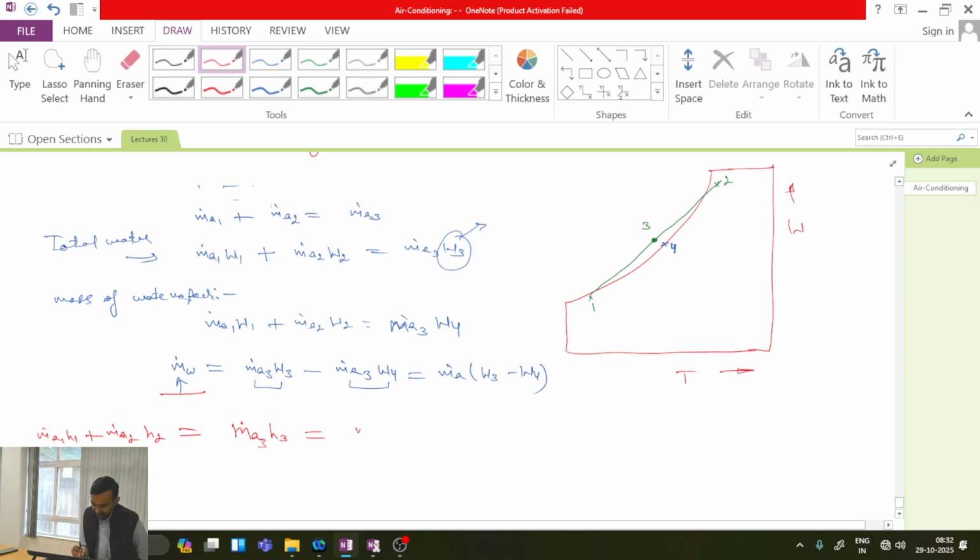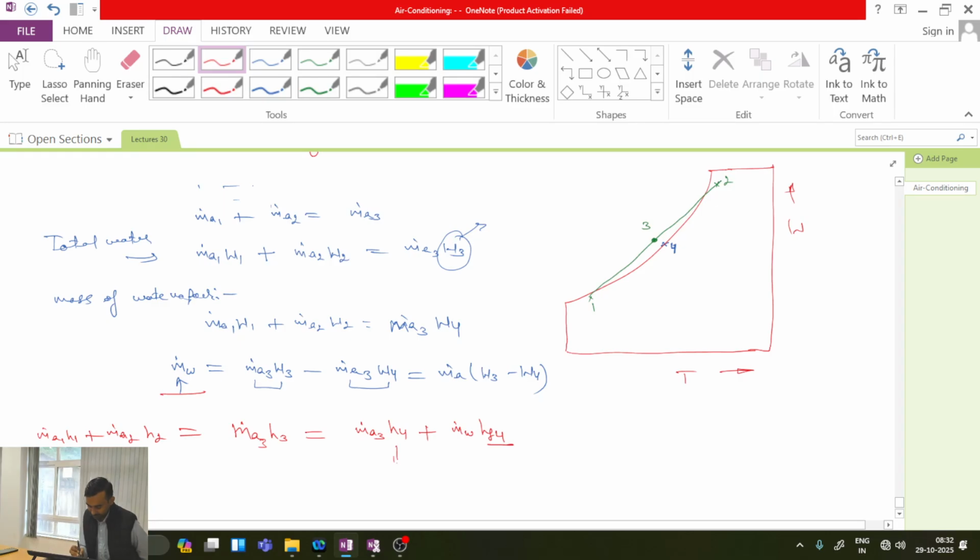It can be written as m dot A3, moist air at state 4, H4, plus additionally what it has, m dot W into HF4. What is H4? H4 is the enthalpy of moist air in the gaseous phase.